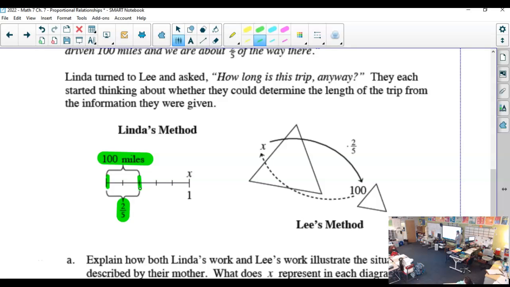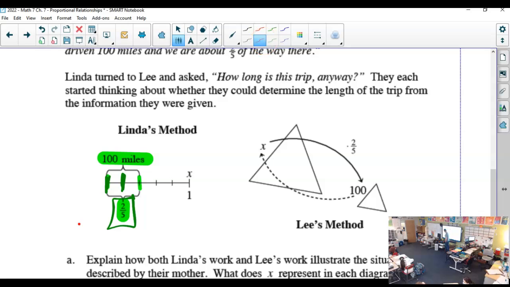We were talking about how, since they tell us 2/5, and they show us 2/5 is 100, how could we figure out 1/5? How'd you get to 50?